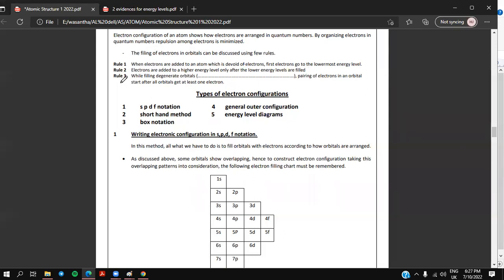Okay. Rule number 3. While filling degenerate orbitals, you have to underline degenerate orbitals. You can write here, orbitals having the same energy. Under rule 3, while filling degenerate orbitals, underline degenerate orbitals and write orbitals having the same energy.